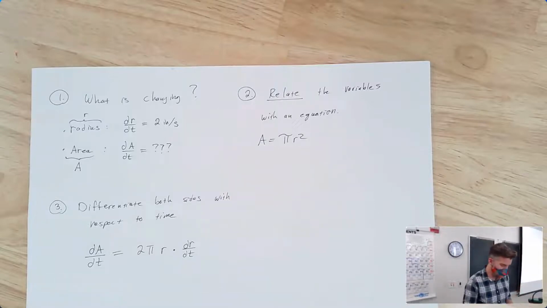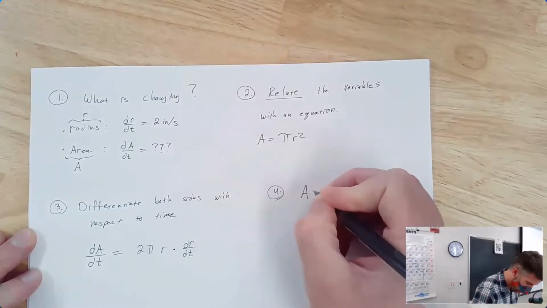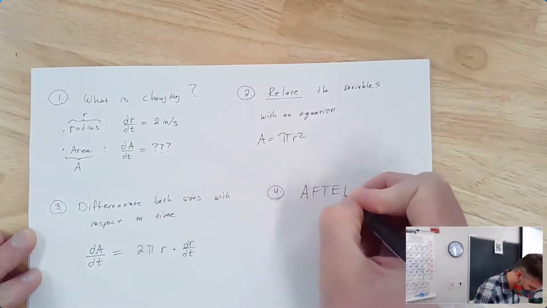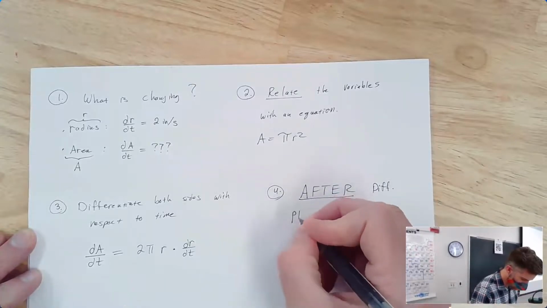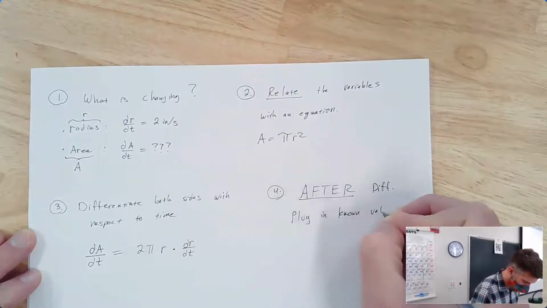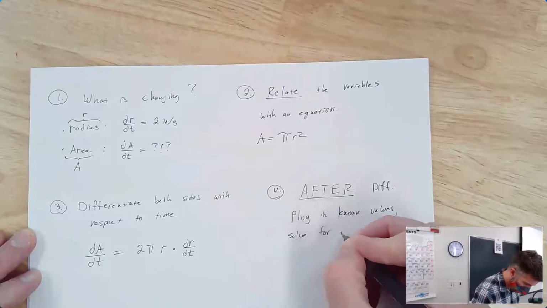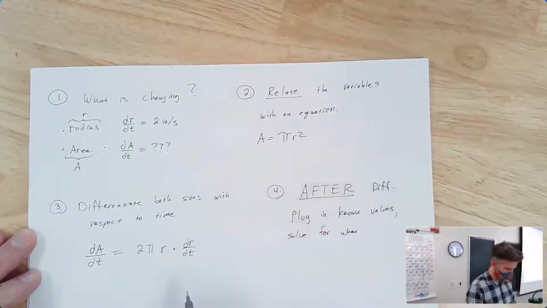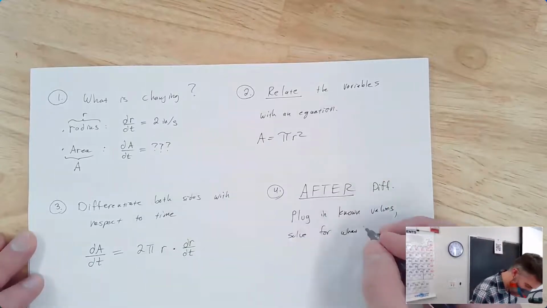And then after that, and definitely it has to be after that, after differentiation, you plug in what you know. Plug in known values, solve for what you want. Occasionally there's an extra step between step 2 and 3, but we're not there yet.